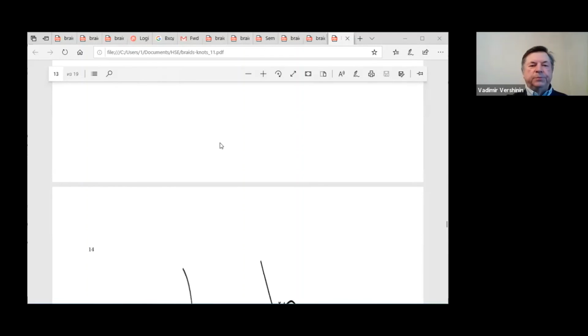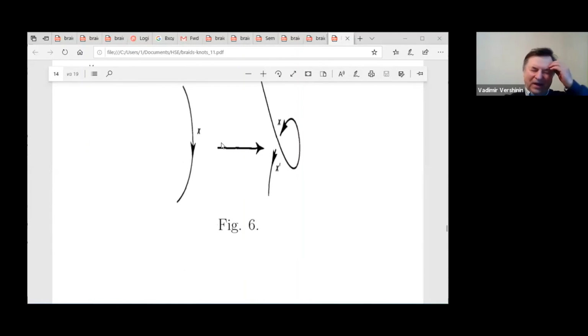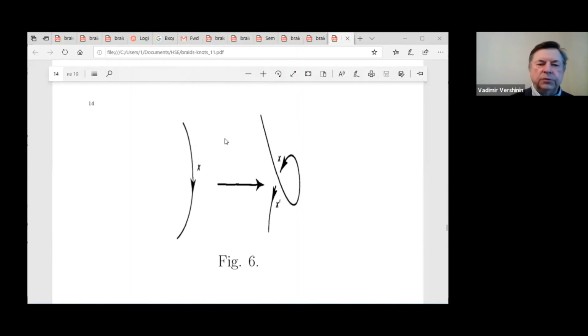So the proof is by pictures. I even didn't write down the corresponding relations, but we can write them down together. So what does it mean? Here you have X, you have a generator, you have a presentation where X is a generator and maybe some other relators.